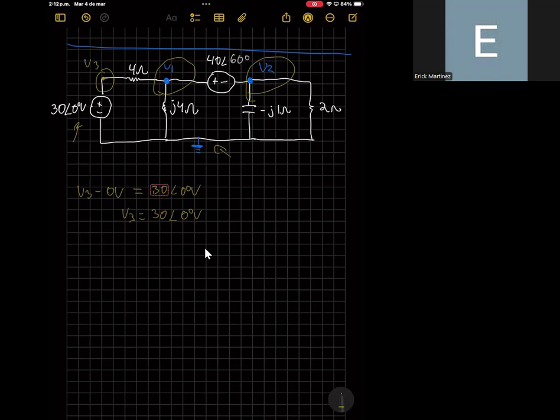But first of all, aside from computing the voltage in this node, that I will label as node number 3, this will be node number 1, and this node number 2, you need to define the direction of the currents in each of the branches of the circuit.